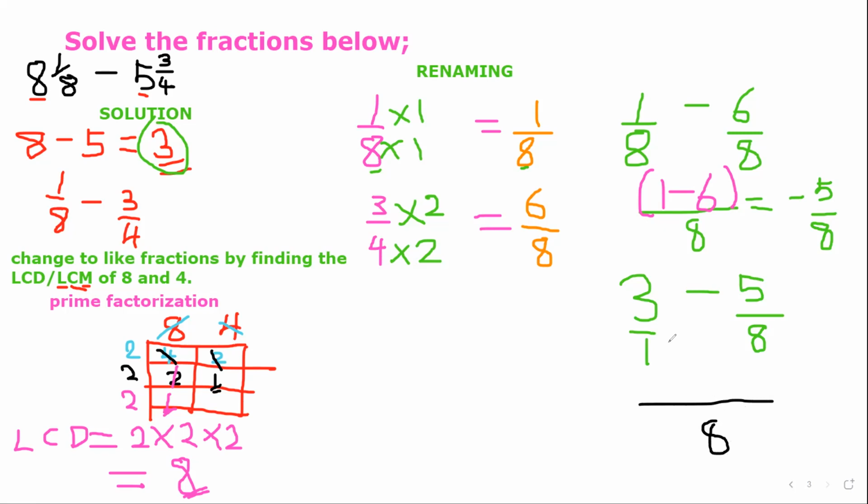Okay. So you rename this one, and this one will be 8 times 3. That will be 24. Minus 5. Okay.